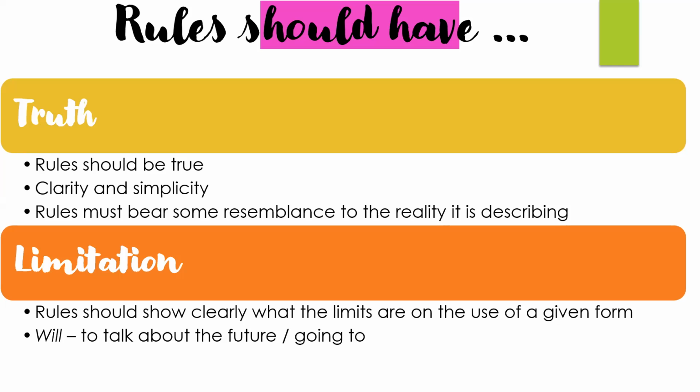I know, I have been working with this. So what is my suggestion? Try to divide the topics, okay? Maybe in the first hour I'm going to focus on will, the second hour on going to. And maybe in the third hour, I'm going to use them both, but as a comparison, what is the difference between these two? Okay. So we need to be very careful with this information.